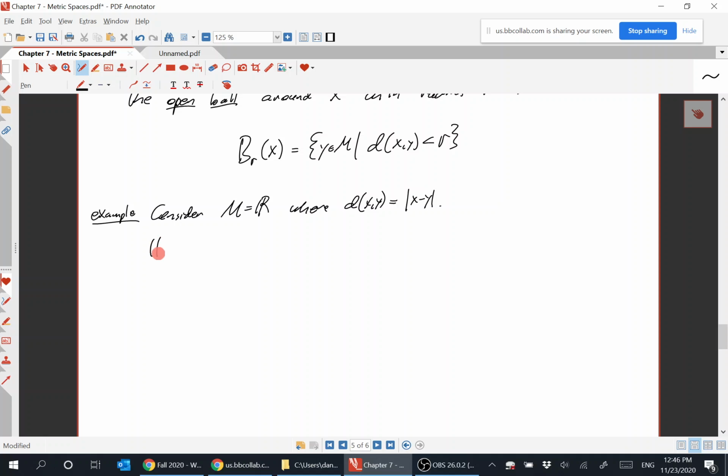Here, the ball of radius r around x is the set of all y such that the distance from x to y is less than r, which is equal to the set of all y such that, well, what's the distance from x to y? It's just that. What's this set?